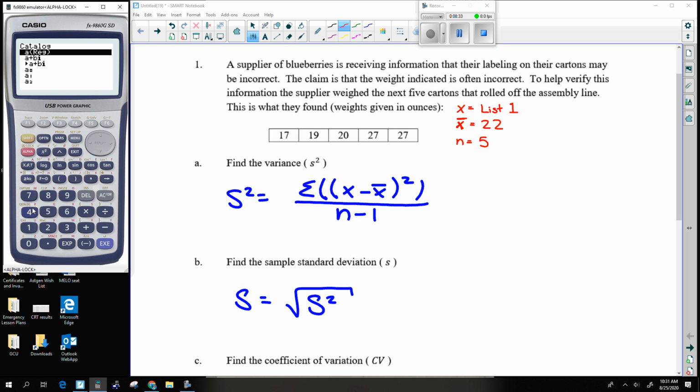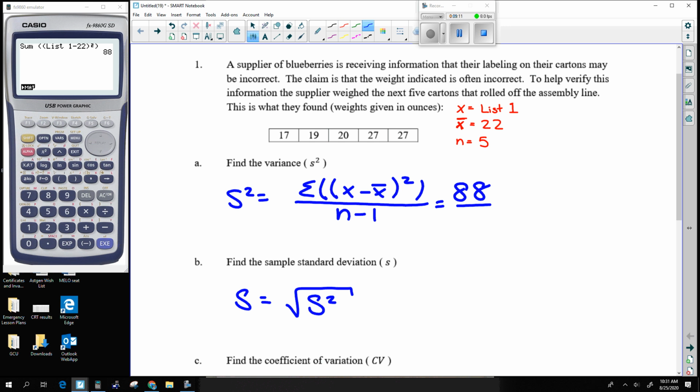So that is the sum, open, X, which is list 1, minus X bar, which is 22, closed, squared, closed. Just following that formula. Sum, open, list 1, minus 22, closed, squared, closed. So that numerator comes out to be 88.